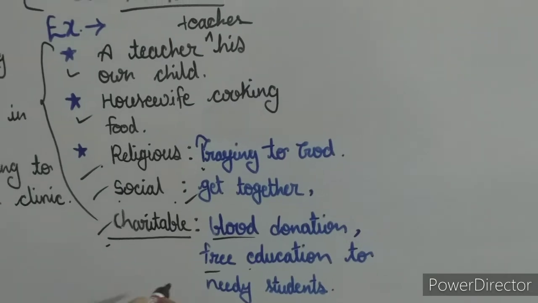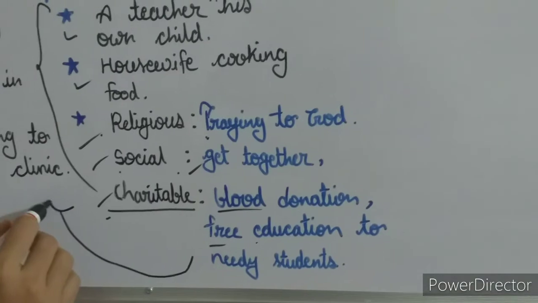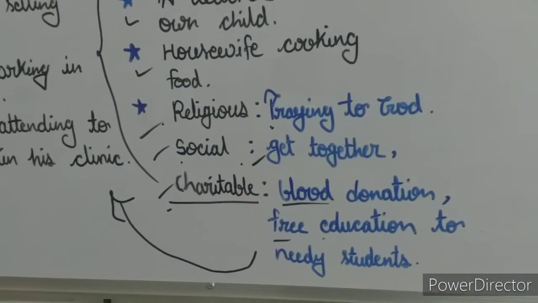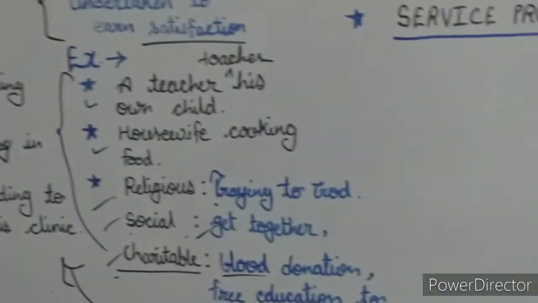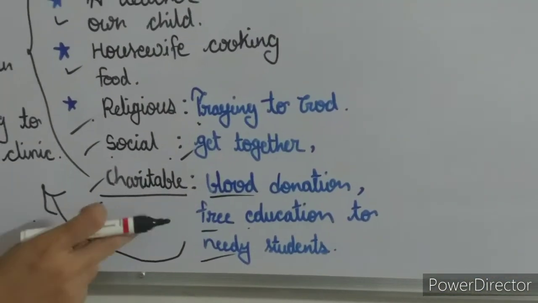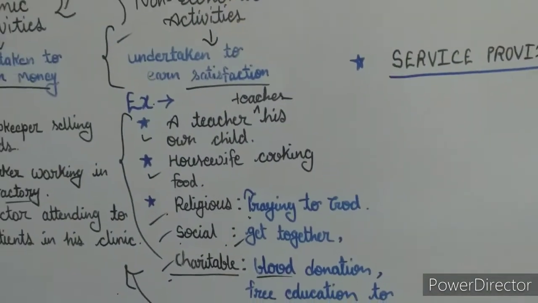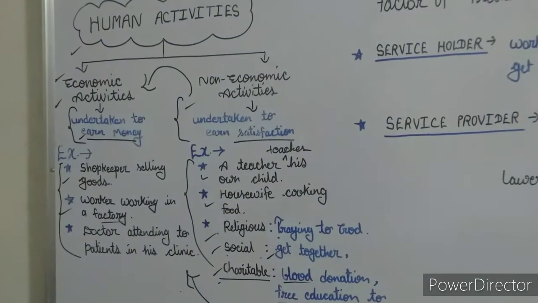When education is given for the purpose of earning money, it will be included in economic activities, right? Here free education is given to needy students, which is included in non-economic activities. So these are economic and non-economic activities.